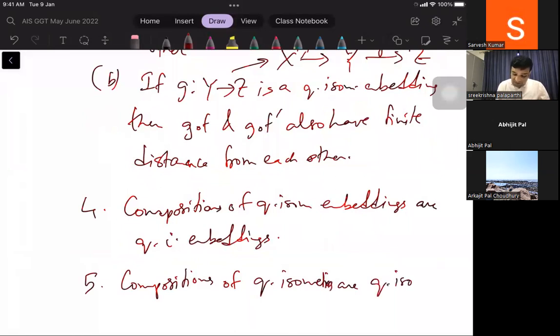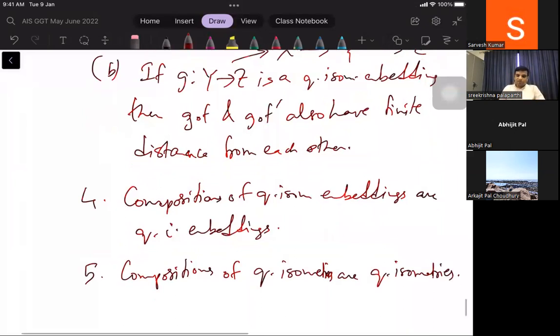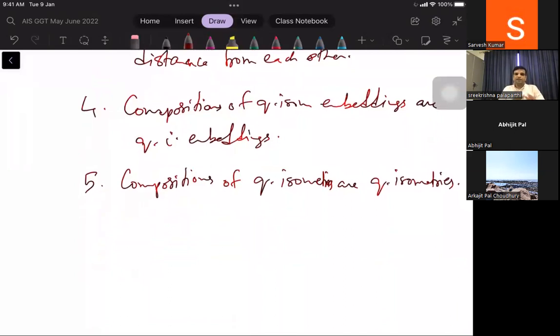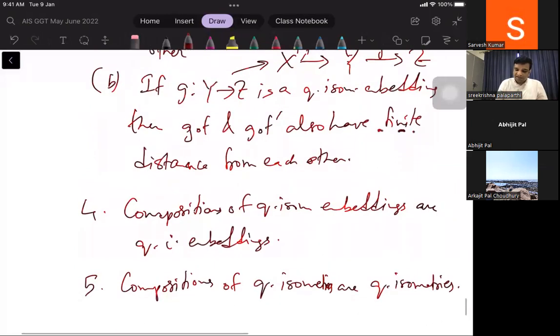These composition properties do not exactly turn this into a category, although I haven't defined category. If you consider metric spaces up to not isometries, but up to quasi isometries, it won't become a category yet, because you need to make room for this finite distance business.